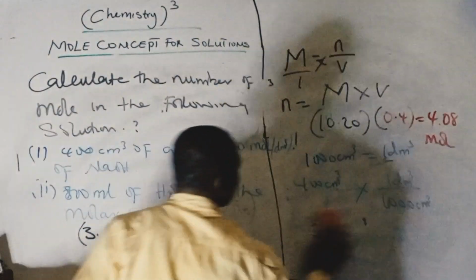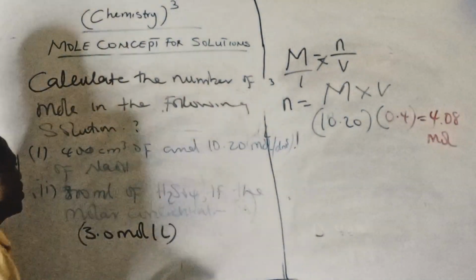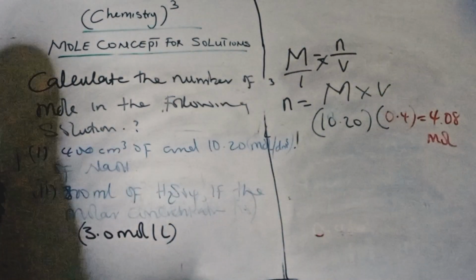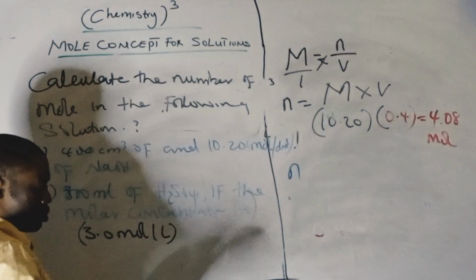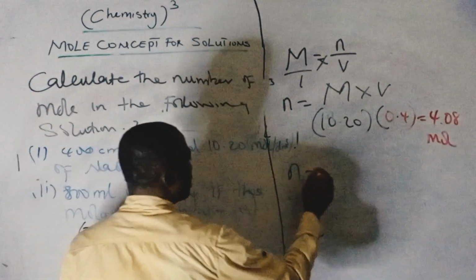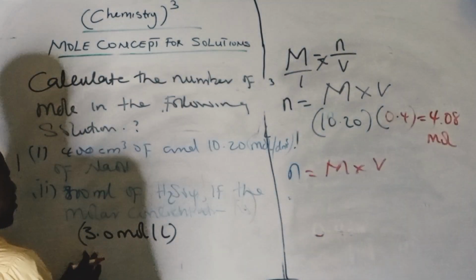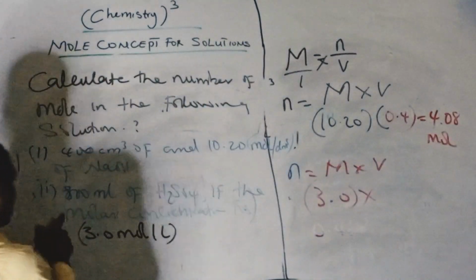Let's say we are told that we have 800 milliliter of H2SO4 if the molar concentration is this. Remember that number of mole, which is n, is the same thing as M times V. Now the molarity I have there is 3.0, and I'm going to multiply by this.